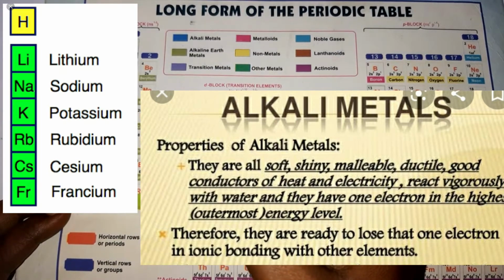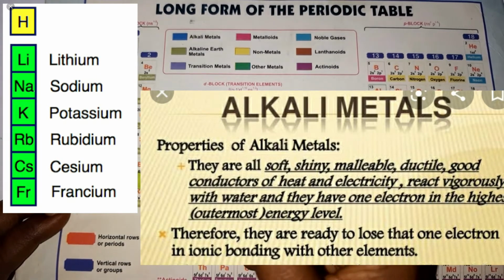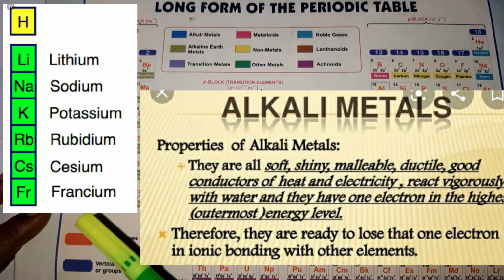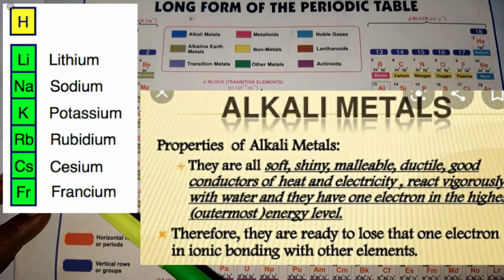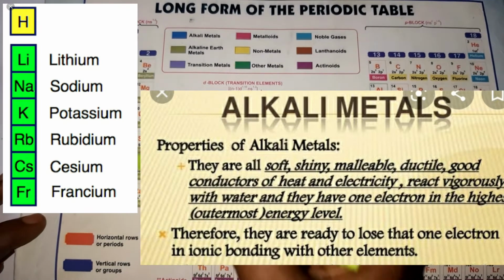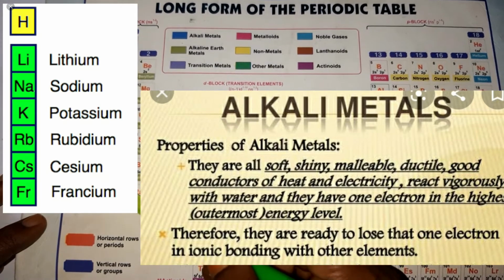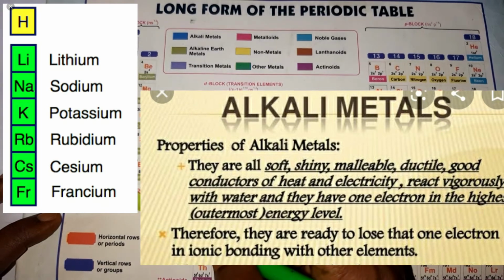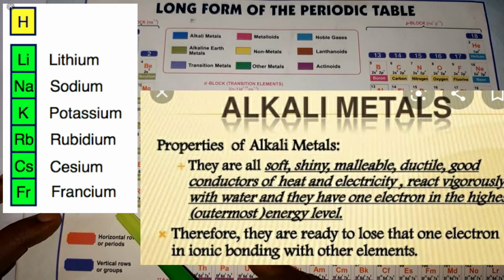These are very reactive metals that do not occur freely in nature. You have to remember, children, these are all soft, malleable, ductile, good conductors of heat and electricity, and react vigorously with water.